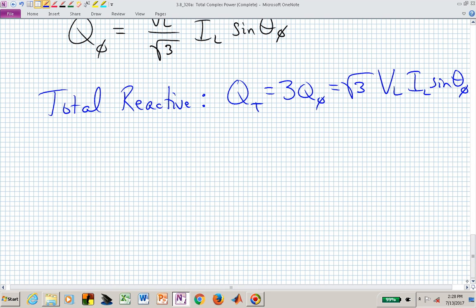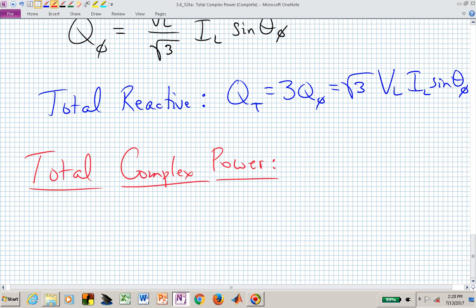which if we wanted to find the total complex power in terms of line voltage and line current, we now have the total complex power, S sub t, is now P sub t plus in the orthogonal direction Q sub t, or P sub t plus j Q sub t.